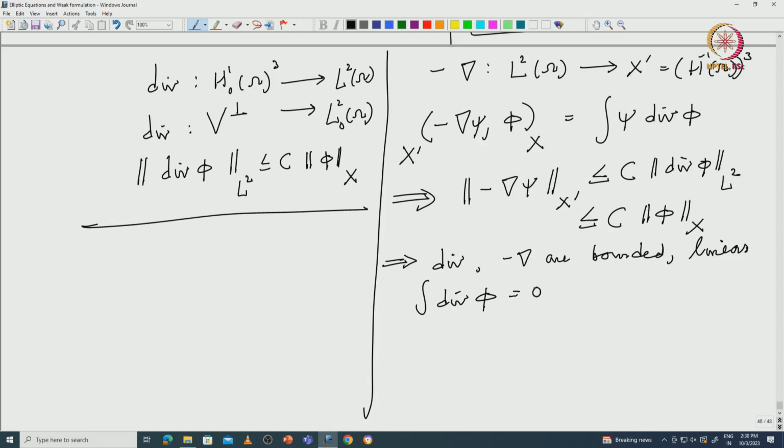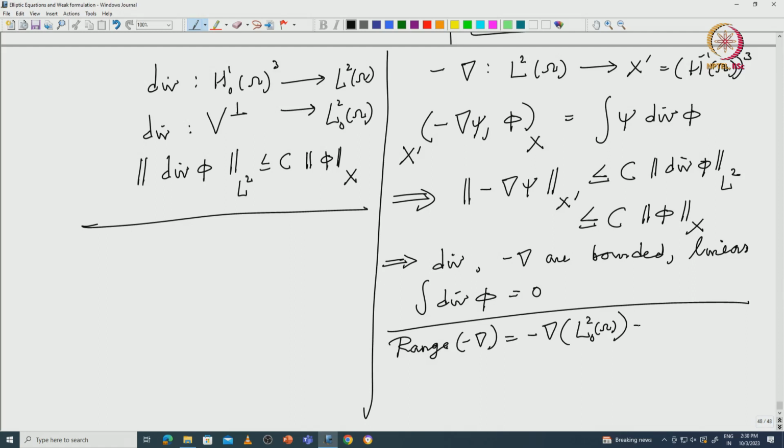So one more comment. What is the range of the last point? The range of minus gradient is nothing but minus gradient of L2 naught of omega, and that is nothing but the kernel of div of V, its perp, that you know.